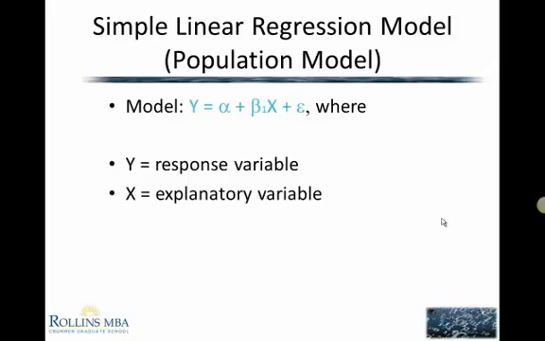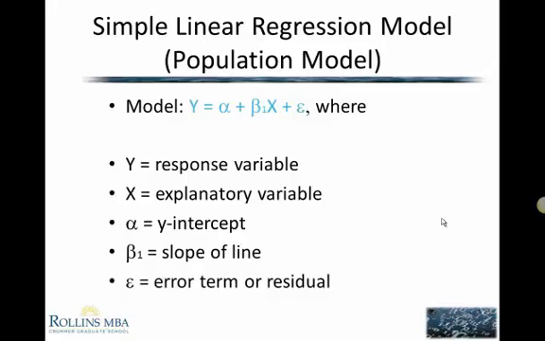So for every pair of x and y, we're going to be looking at those points in this data set and in this model equation. The alpha here is the y-intercept. It's the point at which this straight line would cross the y-axis. And beta is the slope of the line, rise over run. This is how much y is increasing for every unit increase of x.